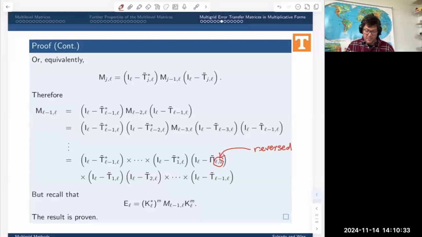So the smaller number should always come first. Okay, but in any case, I can go all the way to the bottom. This is all the way down to level 0. Okay, and that's where you have to stop. There's no more manipulations that you can do once you get to that level.